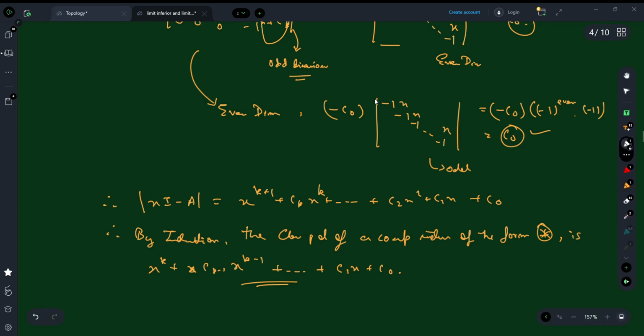Now we come back to a very important theorem, or rather what we were discussing, the equality of the minimal and characteristic polynomial. We will get something from this theorem.